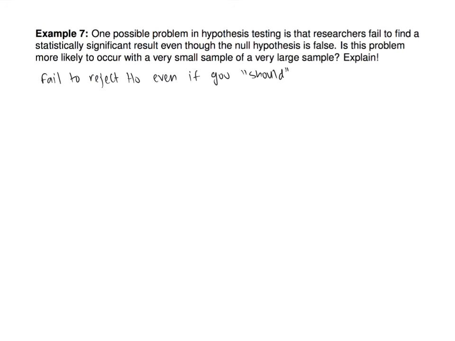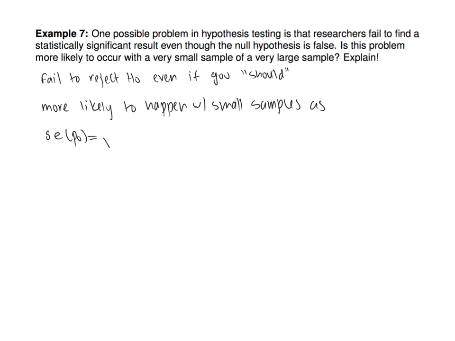And in the previous example that we looked at, this is much more likely to happen with small samples. As the standard error of P0 is larger, which leads to smaller z-scores.